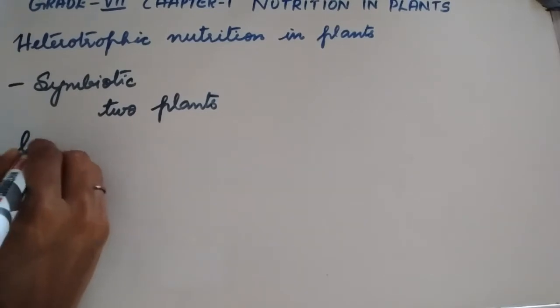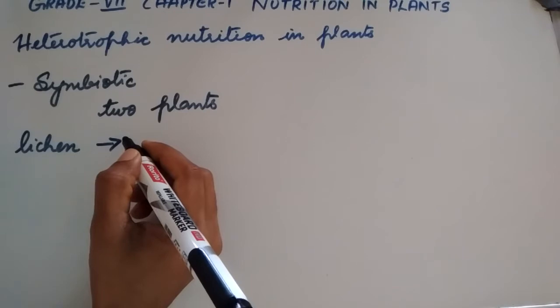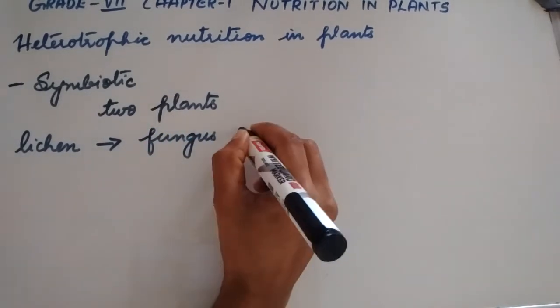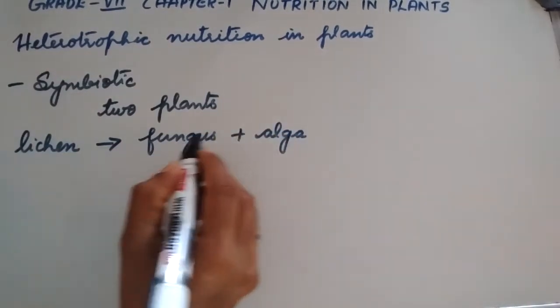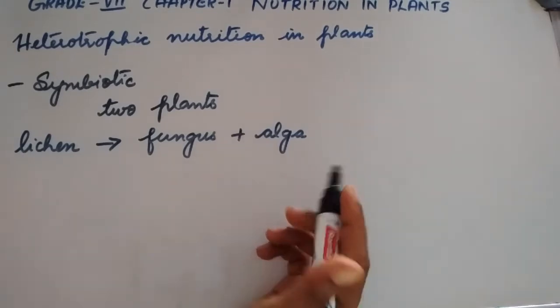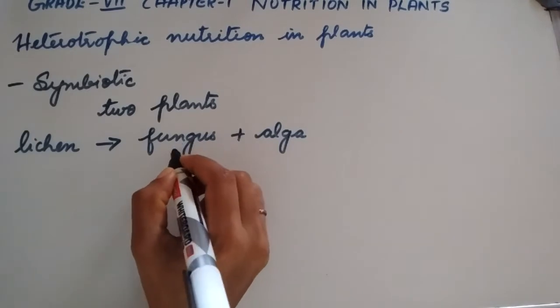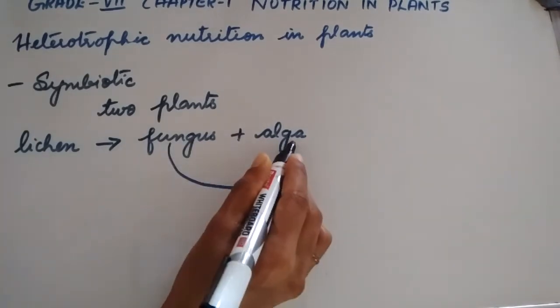An example is lichen. Lichen is made up of a fungus and an alga. So fungus and alga live together. The fungus, being a saprophyte, provides water and minerals to the alga.